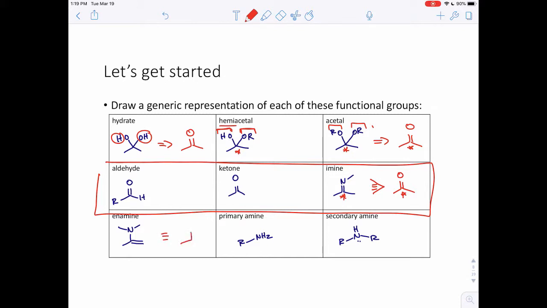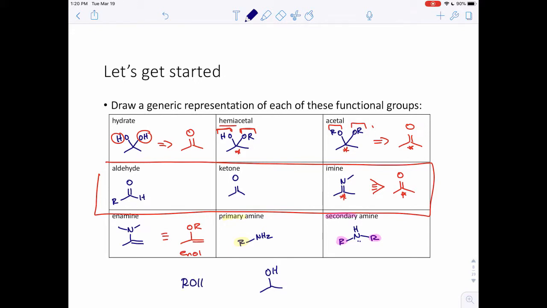Enamine should look to you like an enol, or an alkylated enol. And then primary amines and secondary amines, these look to you like alcohols, but the one difference here is that when we refer to primary and secondary amines, we're actually referring to the number of alkyl groups on nitrogen, and that's a little bit different than what you're used to. When we discussed alcohols, the only option is one alkyl group on an alcohol, right?